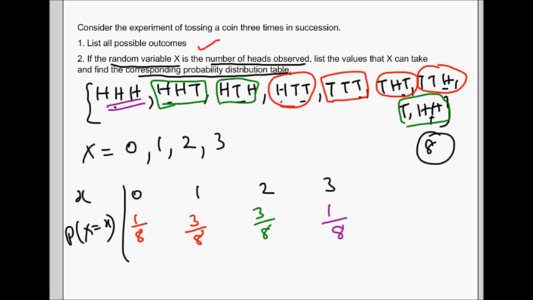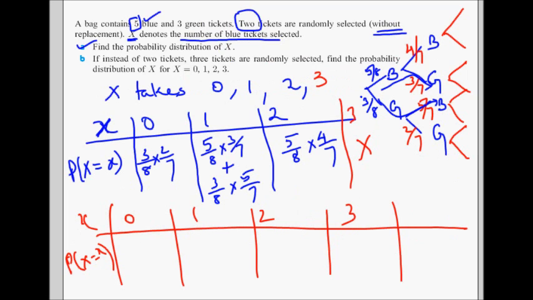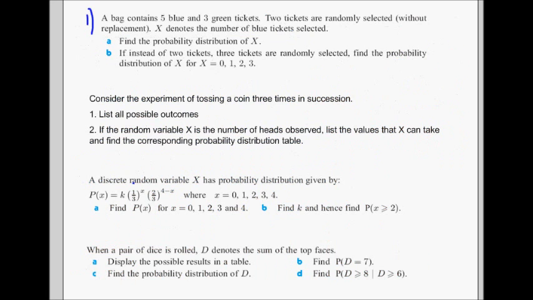Okay, if you observe these cases, you could see that this plus this plus this plus this is always equal to 1. You would have noticed it in the previous case as well. I think I didn't simplify this. Let me go back.